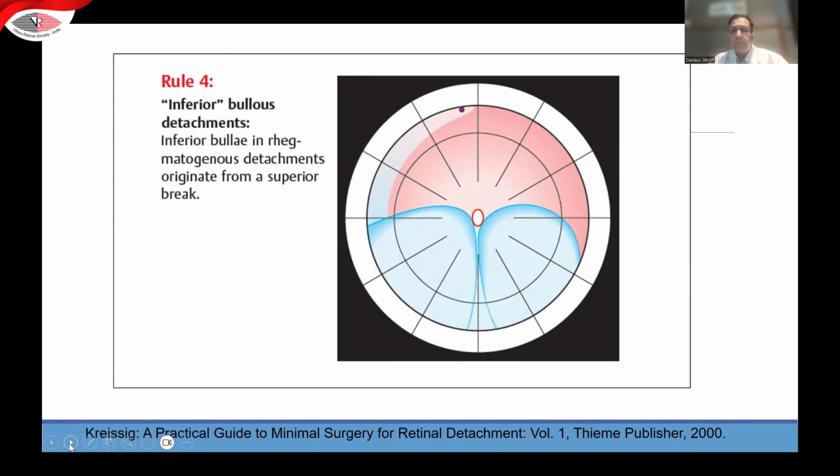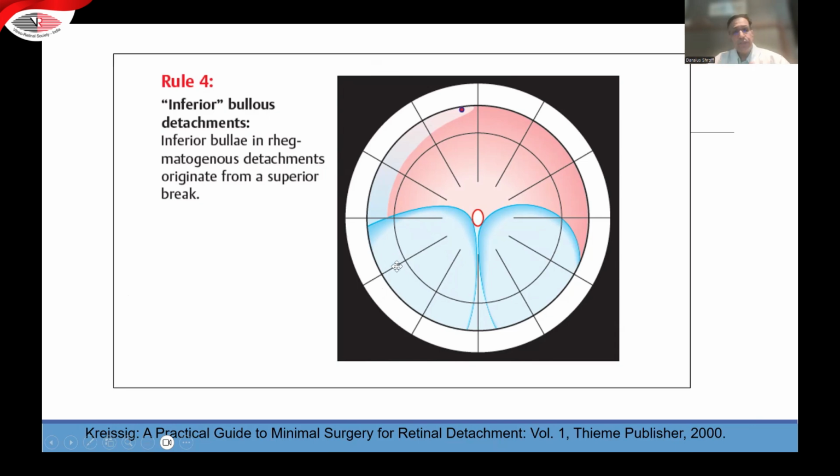What about inferior bullous detachment? Somebody may see this and try to look for the break inferiorly, but remember the rules. The retina behaves logically and follows rules of gravity. So whenever you see a bullous detachment, suspect something is not right. You have to look in the superior quadrant, and there's a teeny tiny break here and a gutter of fluid going down.